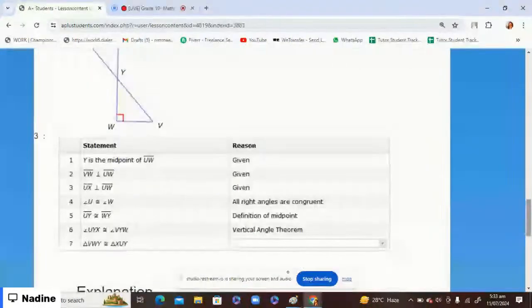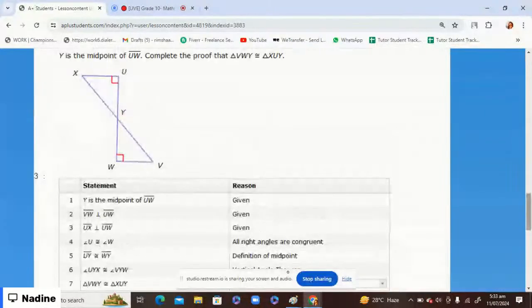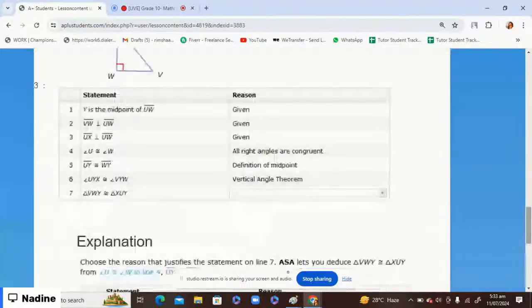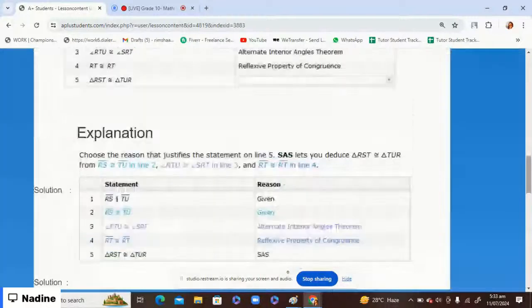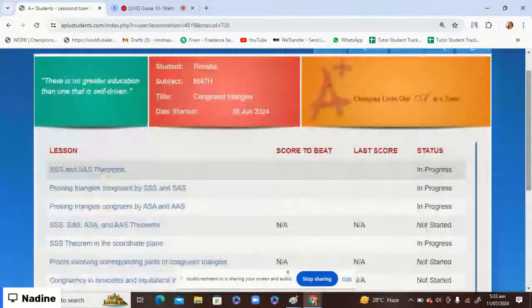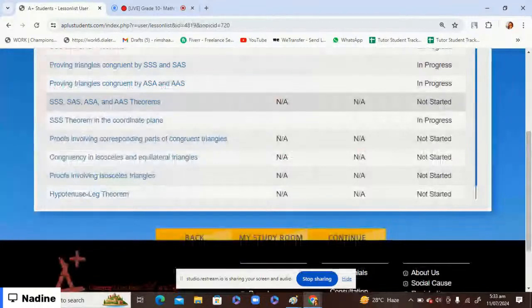And the same thing, U and X is perpendicular to U and W, so this also makes an angle of 90. Now here the two angles are the same, the lengths are the same, so it means that their triangles are congruent. Got it? Hope you understand this lesson as well. It's basically understanding how to equal the sides and how to equal the angles.